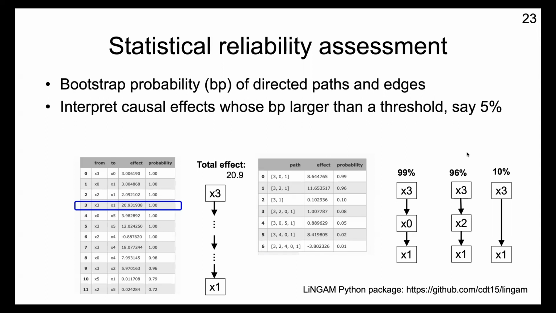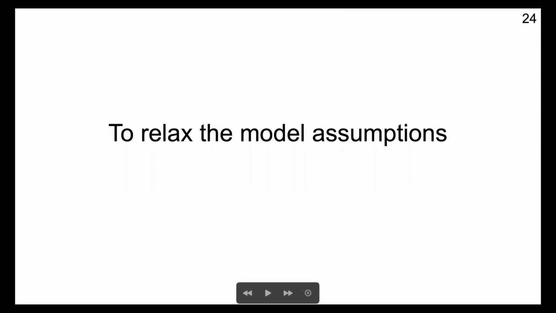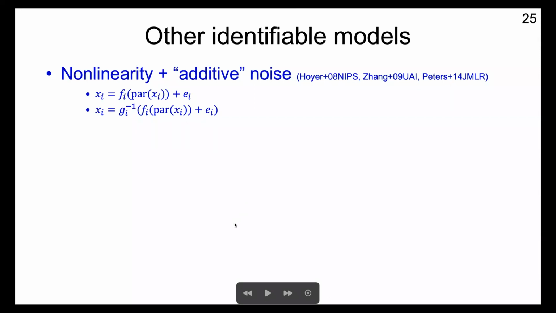Okay, so then I will discuss how we could relax the model assumptions. Besides the LiNGAM model, other models have been found in which the causal graph is uniquely identifiable. First of all, these nonlinear additive noise models or post-nonlinear causal models are identifiable.